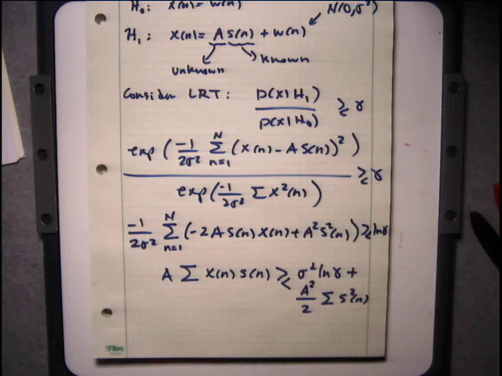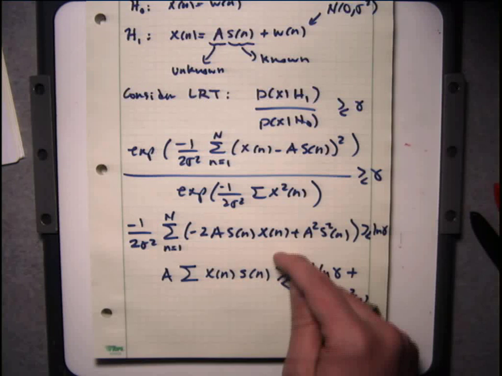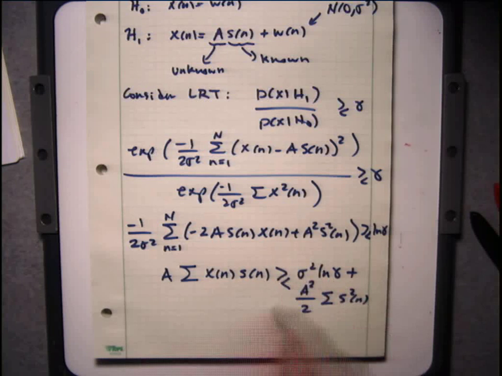So if A happens to be positive, I get a different test than if A happens to be negative. In other words, the choice of where I put H1 and H0 here will flip. I have two distinct tests that I have to be worried about, depending on the sign of A. Let me write those out explicitly.